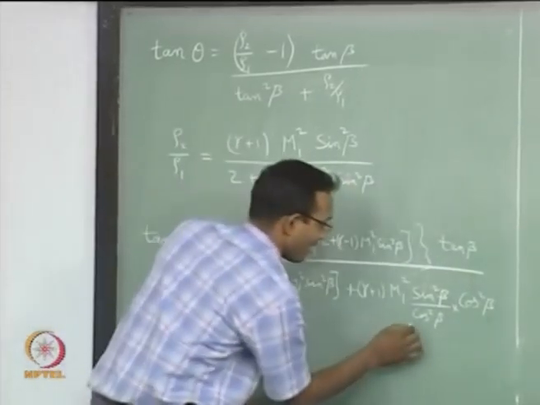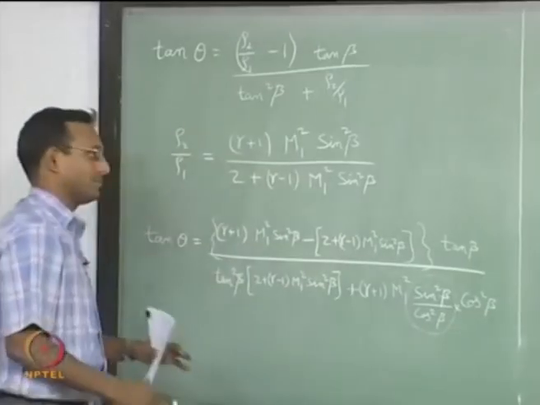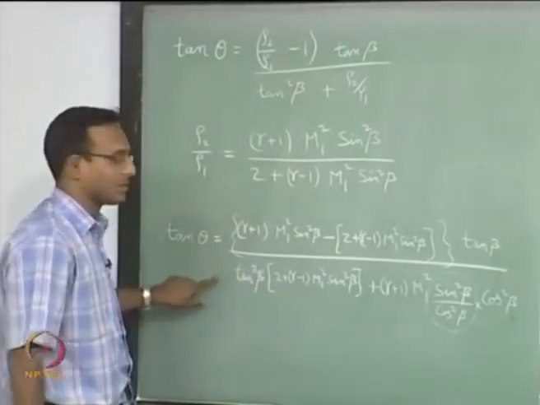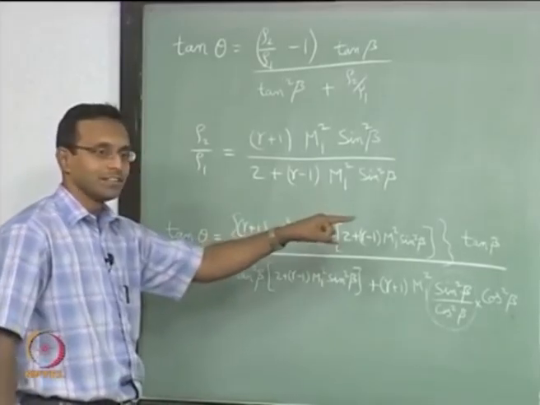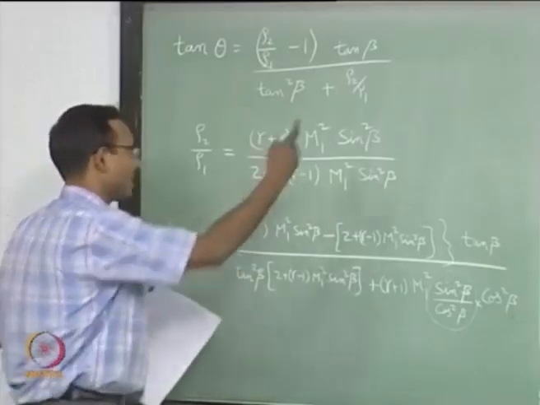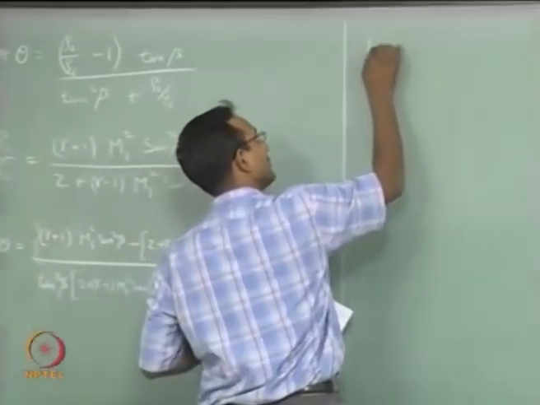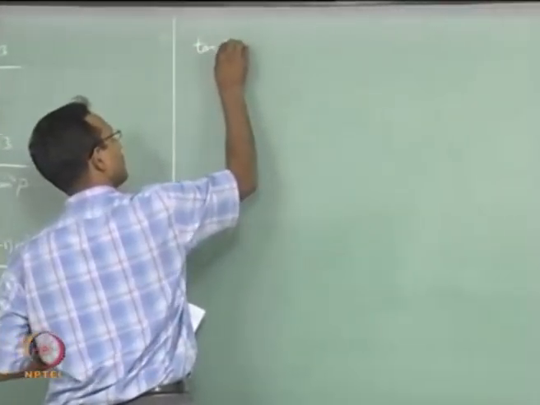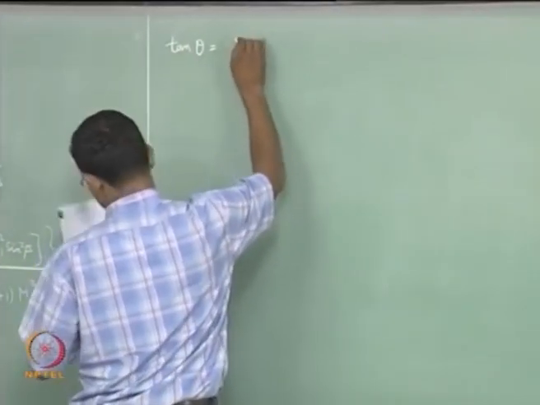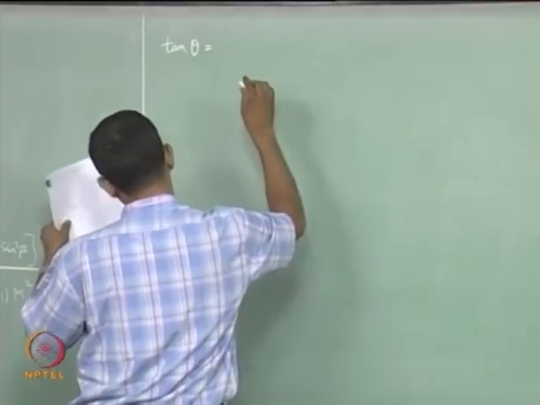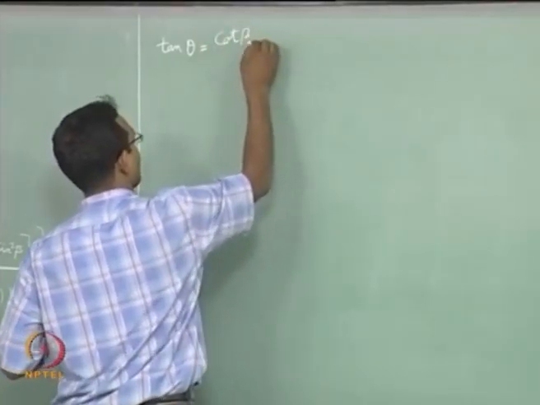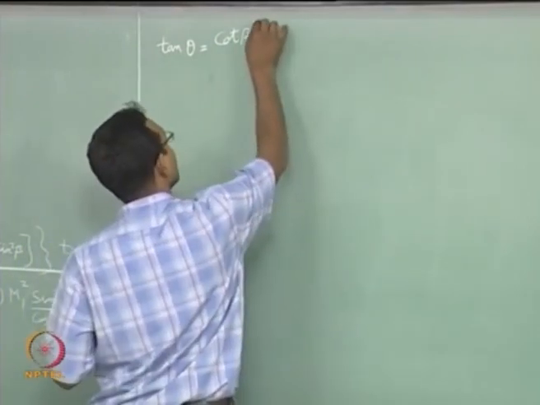If I do this, now I have tan square beta in here, so I have tan square beta common for all the terms in the denominator. Now, I have one tan beta in the numerator, they will get cancelled. So, I do not have the tan beta anymore in there. Instead, I have cot beta, which is coming from the denominator tan square beta.